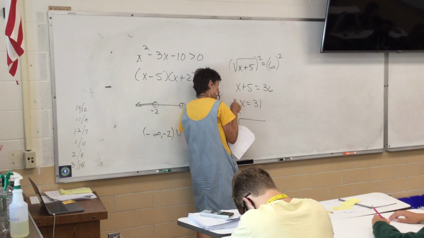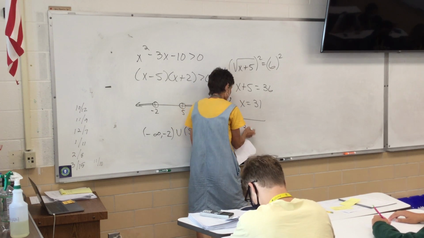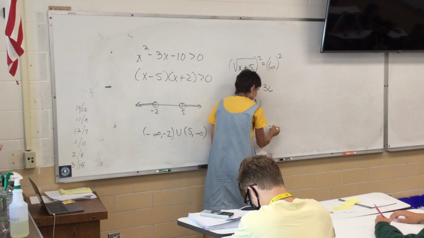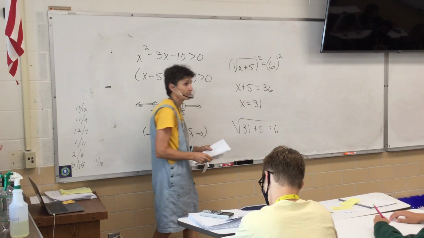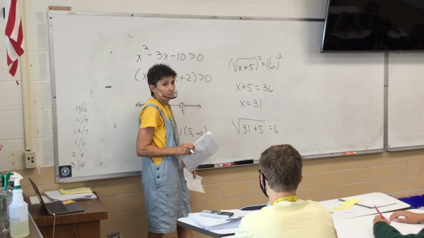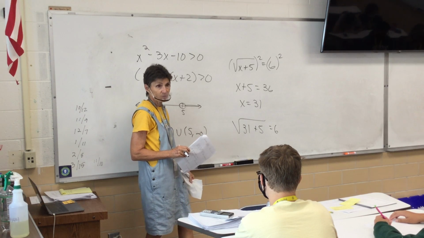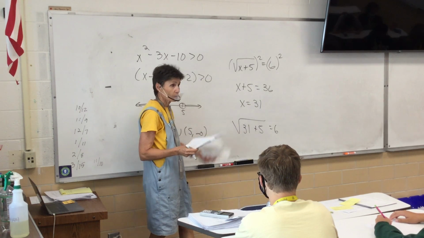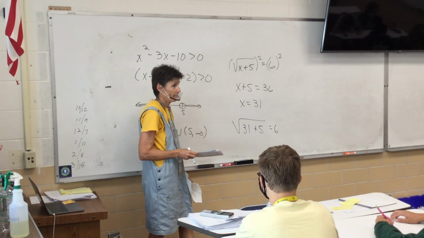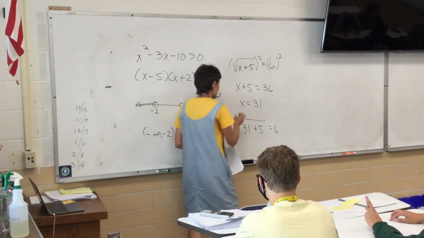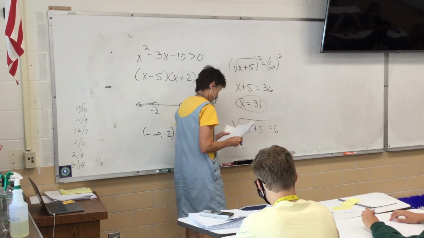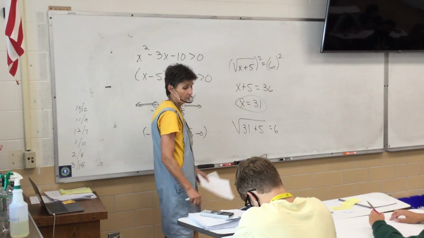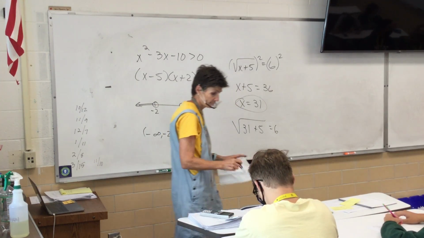This is the one problem where you really should check. If I put 31 into my problem, does everything check out okay? Yeah, because 31 plus 5 is 36, and the square root of 36 is 6, so it works. Checks. So the answer is 31. We're not going to miss that one, are we? Please, please, please, please, please.